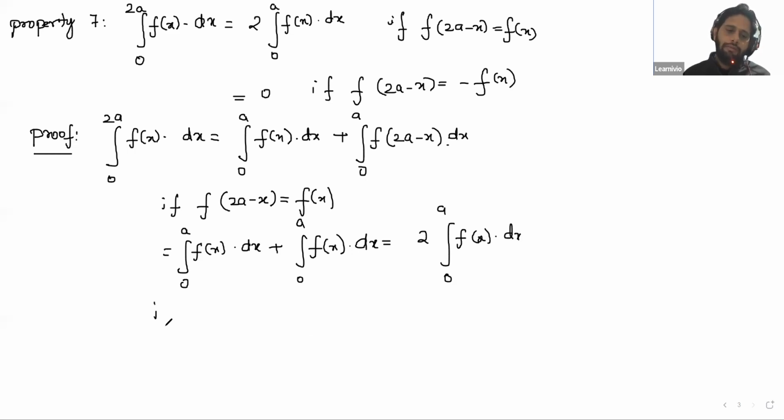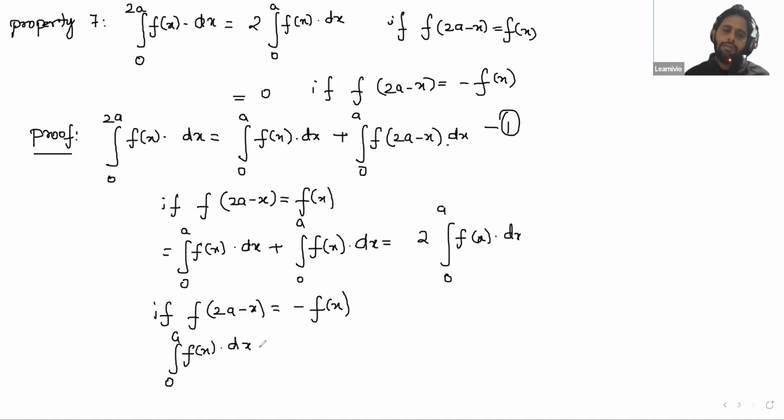Similarly, if f(2a minus x) is equal to minus f(x), put this one in first. So क्या हो जाएगा? This is integral 0 to a f(x) dx plus, in place of this अगर हम इसको put करते हैं then we will get a negative, minus integral 0 to a f(x) dx.